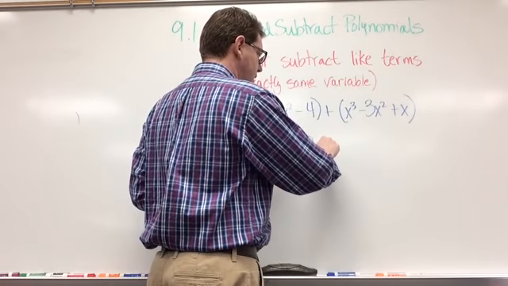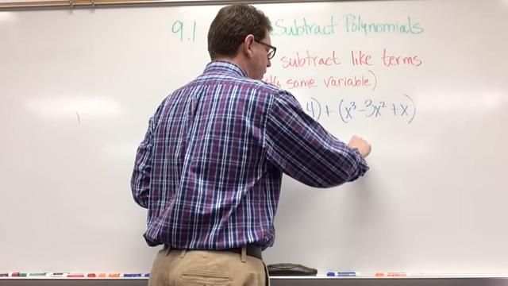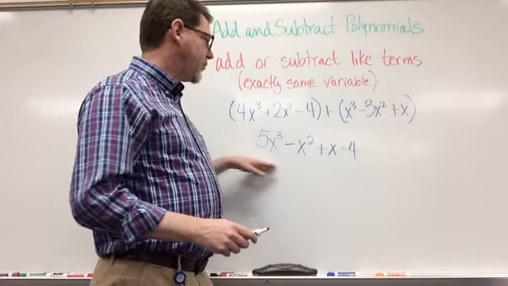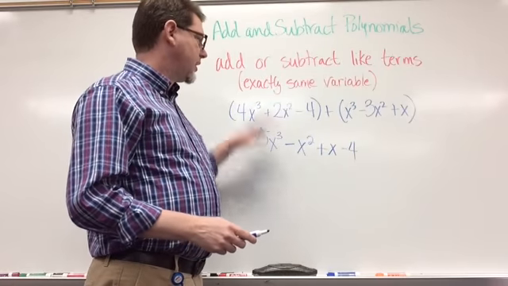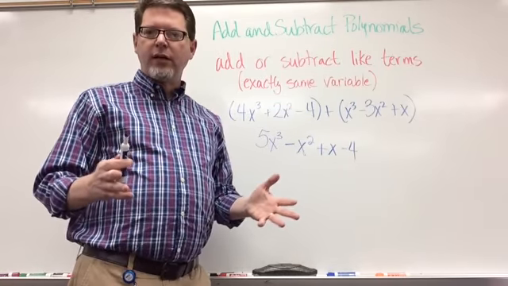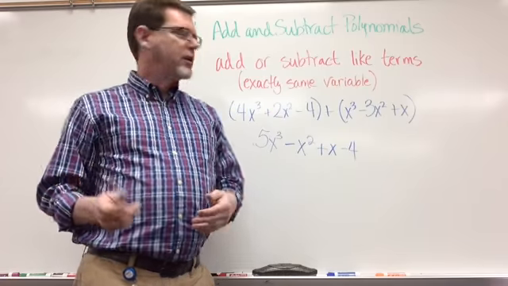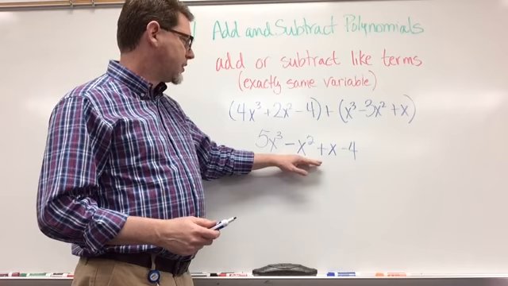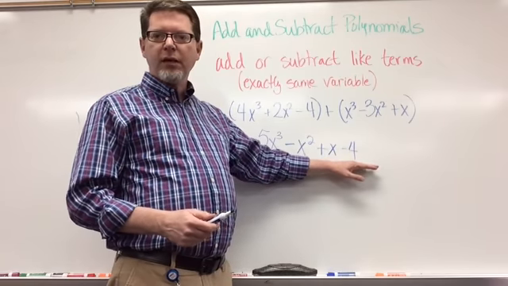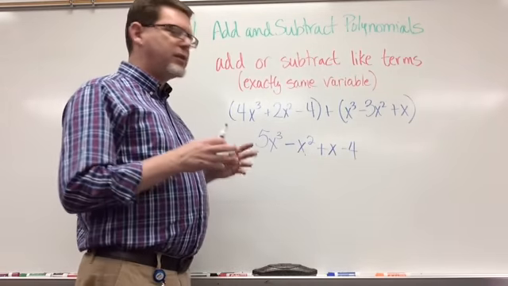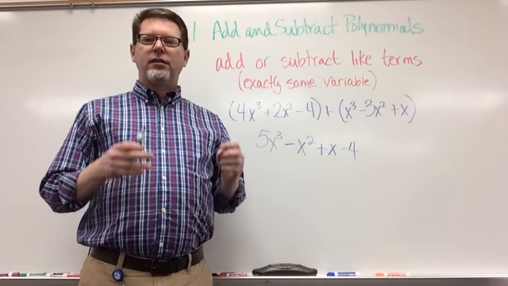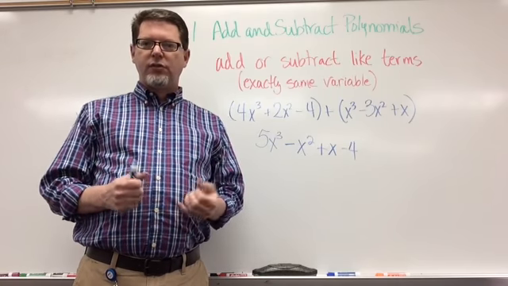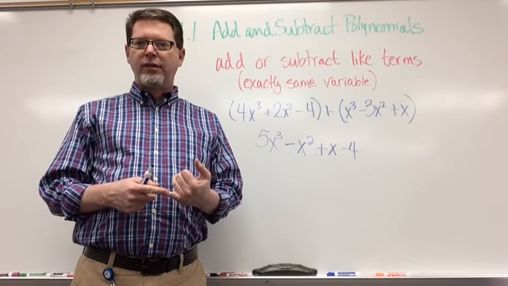So we're going to write plus x minus 4. That way I can keep all of them in order. And I didn't cross them out this time because it's the second time around. You can cross them out if you want to, but my answer is 5x cubed minus x squared plus x minus 4. Again, I'm just adding like terms, which means they have exactly the same variable with the same exponent.